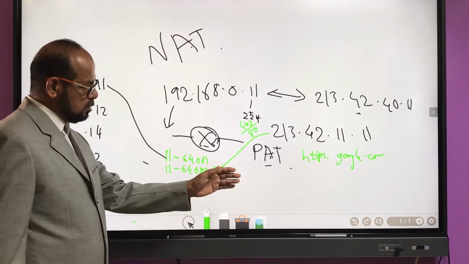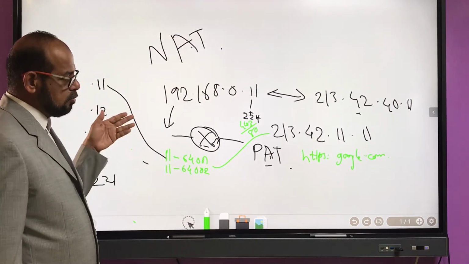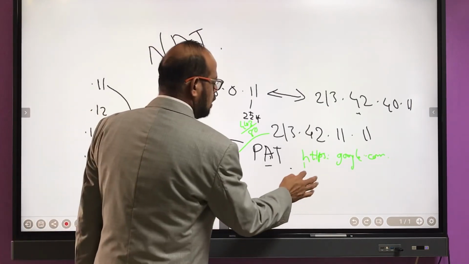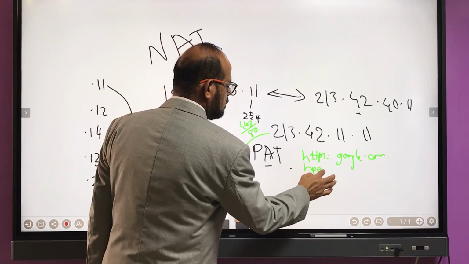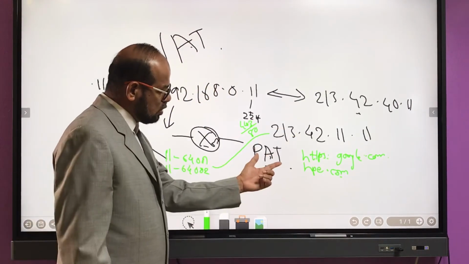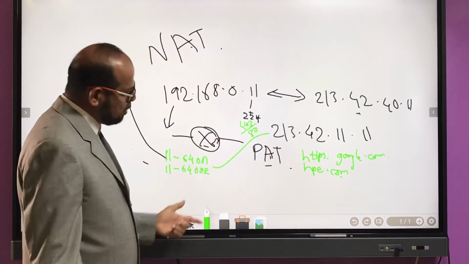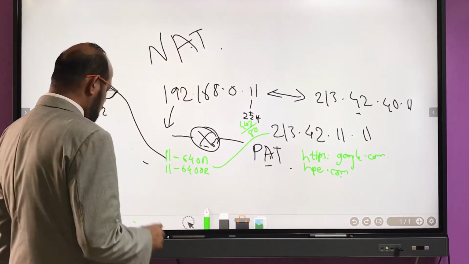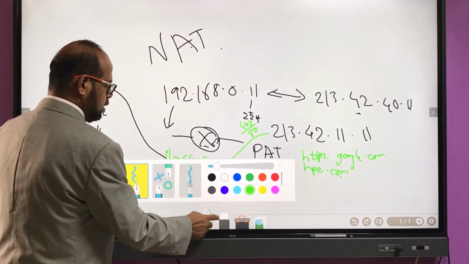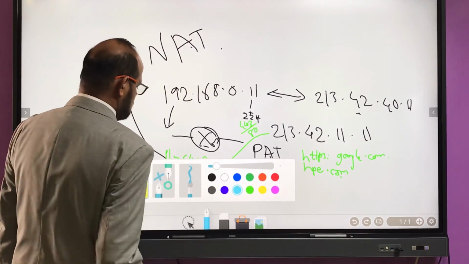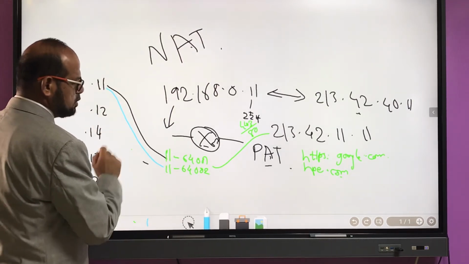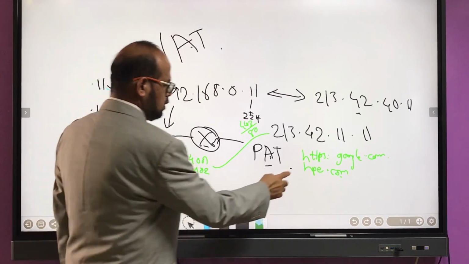But this was done from Chrome, and the second one is going to hpe.com. So the router will have the table. When the reply comes from HP, there are two replies, and I will generate them like this. One goes from that side and one goes from this side.